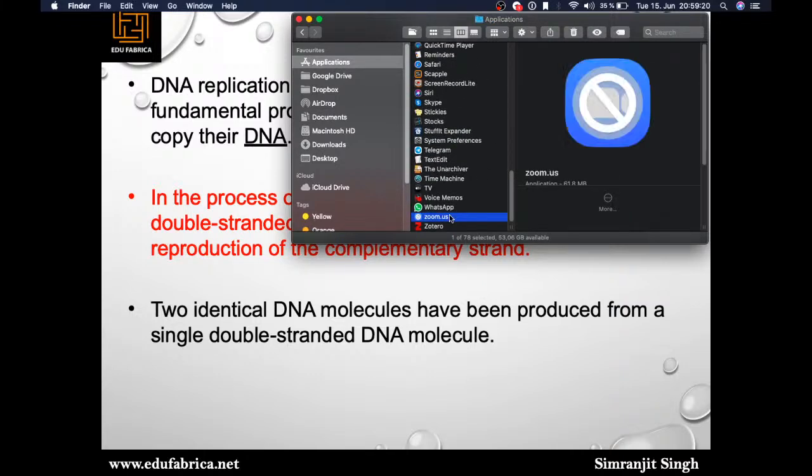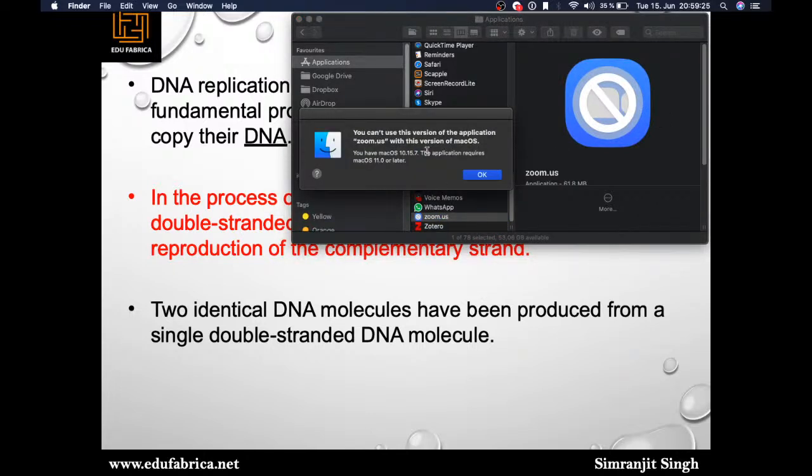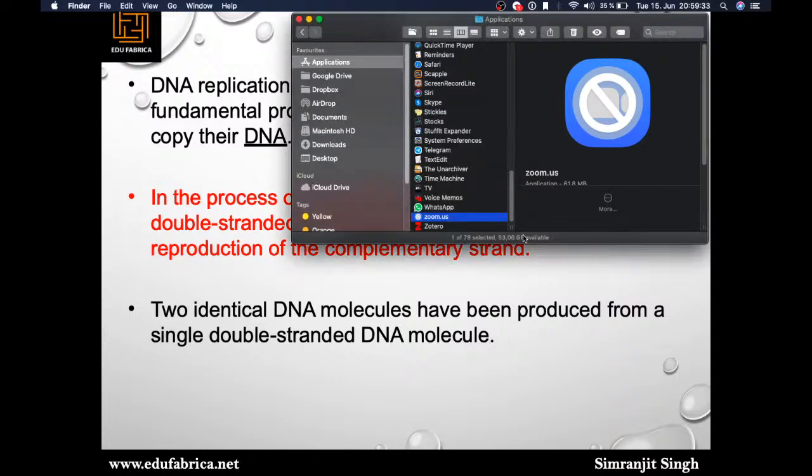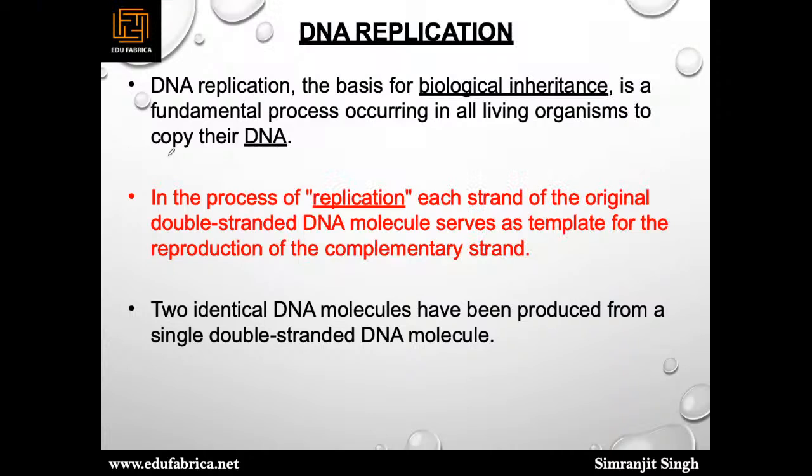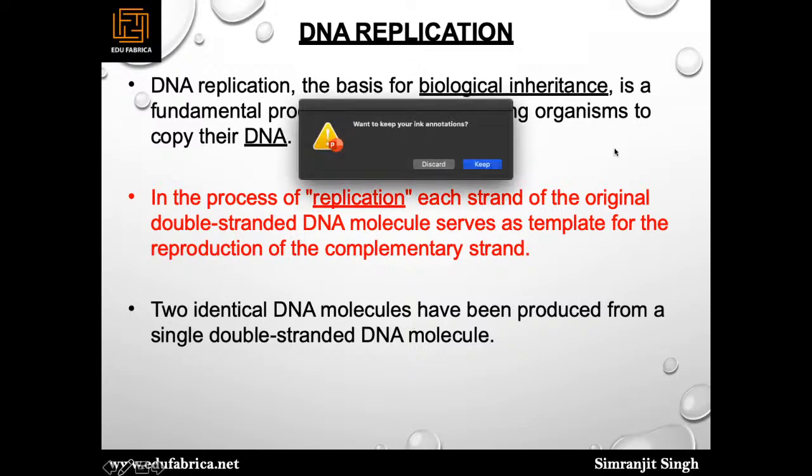It's not accessible for me because of the Mac OS version, and if I make a new version of Mac, my hard disk will be full. I'm only available on Google Meet now. So this DNA replication we can start from tomorrow.